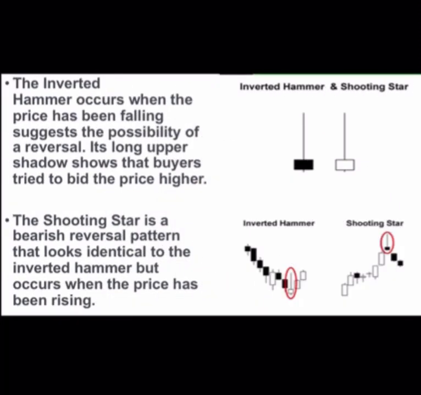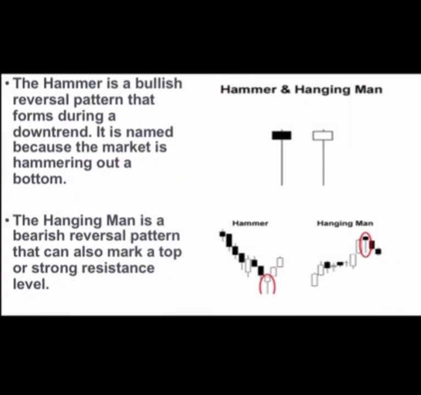In the next slide, we have what is called the inverted hammer or the shooting star. Guys, the inverted hammer is just the opposite of the hammer we just discussed, while the shooting star is the reverse of the hanging man.